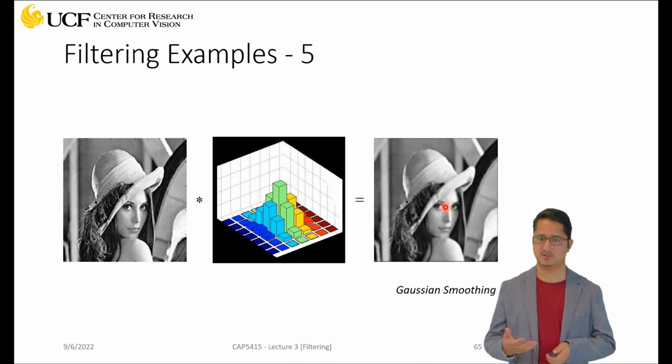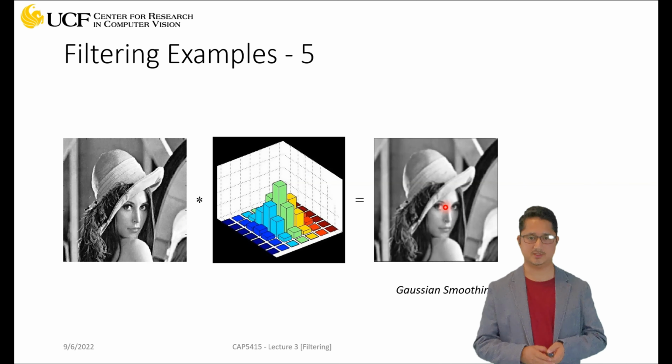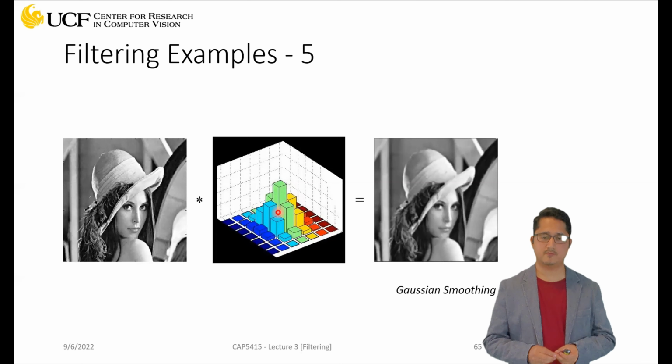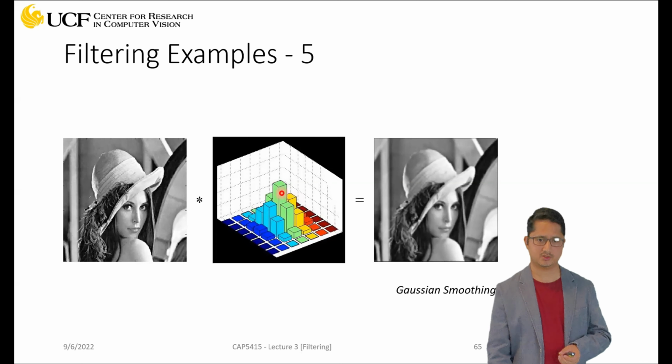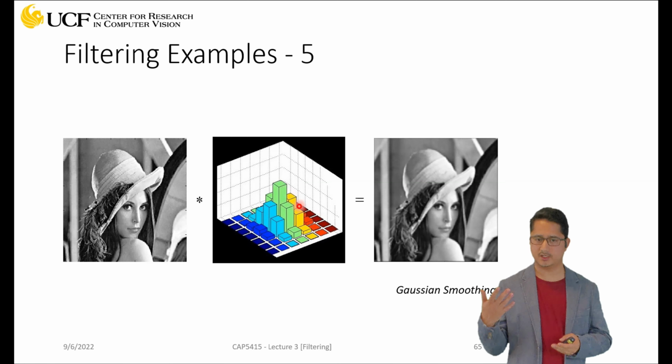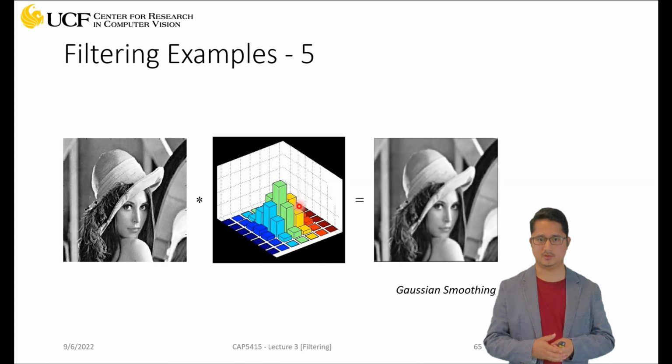It's not as bad as when you're filtering using all ones. So this is slightly better than the previous filter, and that's one of the reasons why the Gaussian filter is used in filtering. Whichever pixel we are focusing on, we are giving more weightage to that pixel, and as we move away into the neighborhood, the weights go down. So you're not completely ignoring the neighborhood. You are still using those values, but not that much.